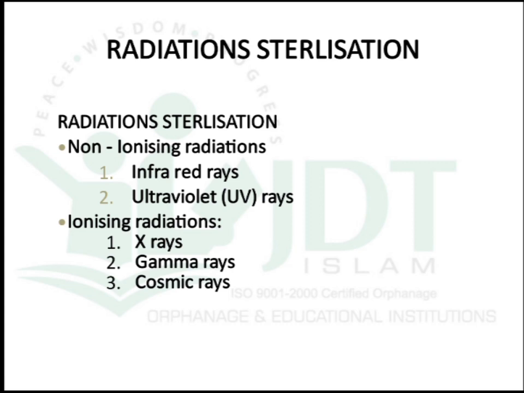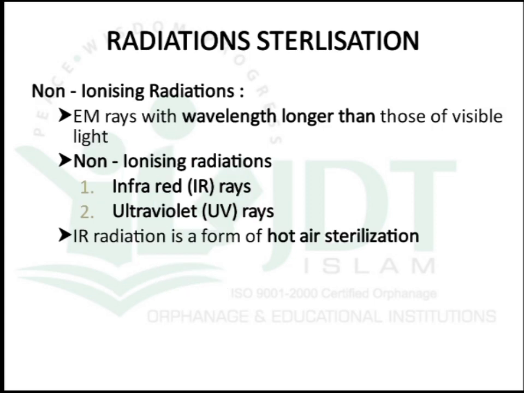Now this can be done by two methods, by using non-ionizing radiation or by using ionizing radiation. In non-ionizing radiation we can use infrared or ultraviolet rays, and in case of ionizing radiation we can use X-rays, gamma rays and cosmic rays.